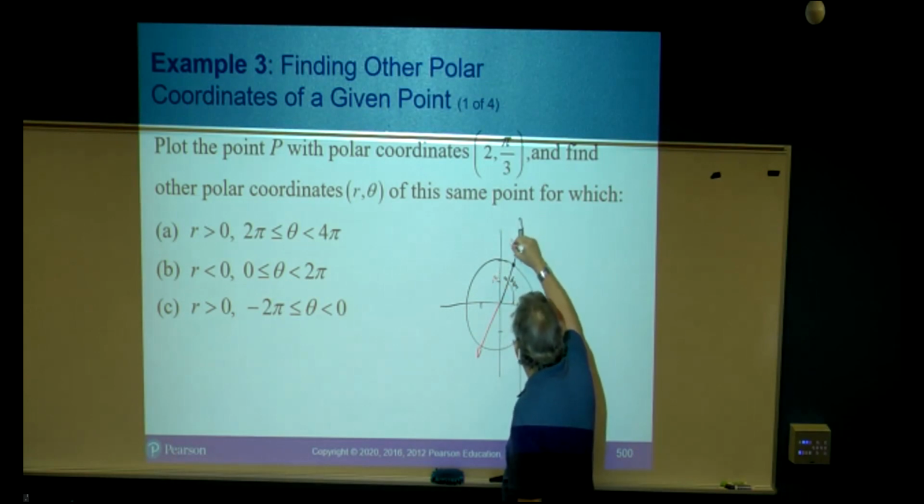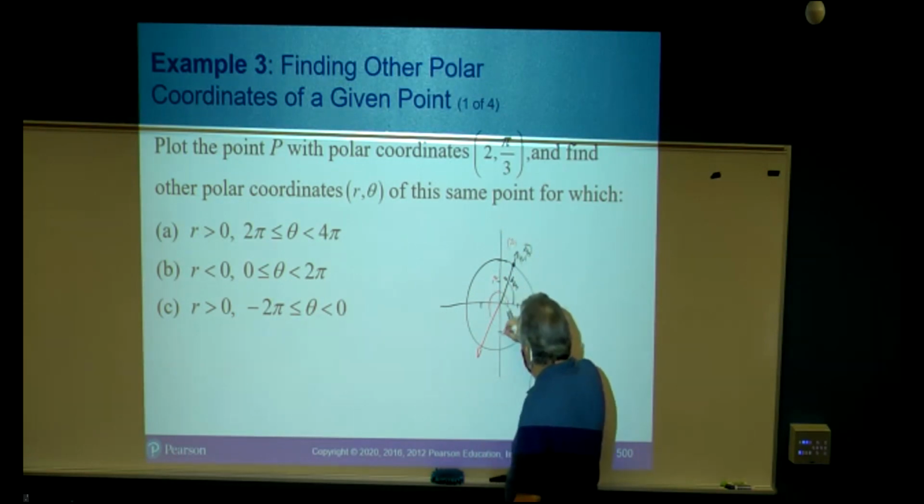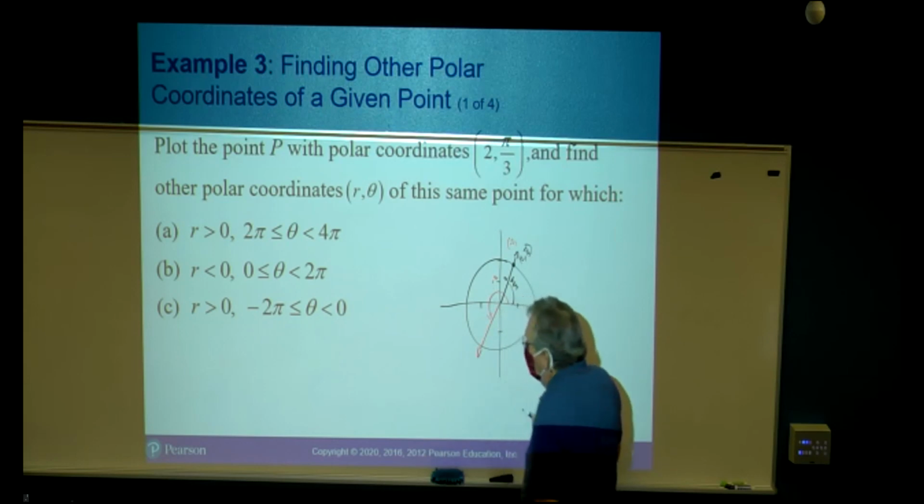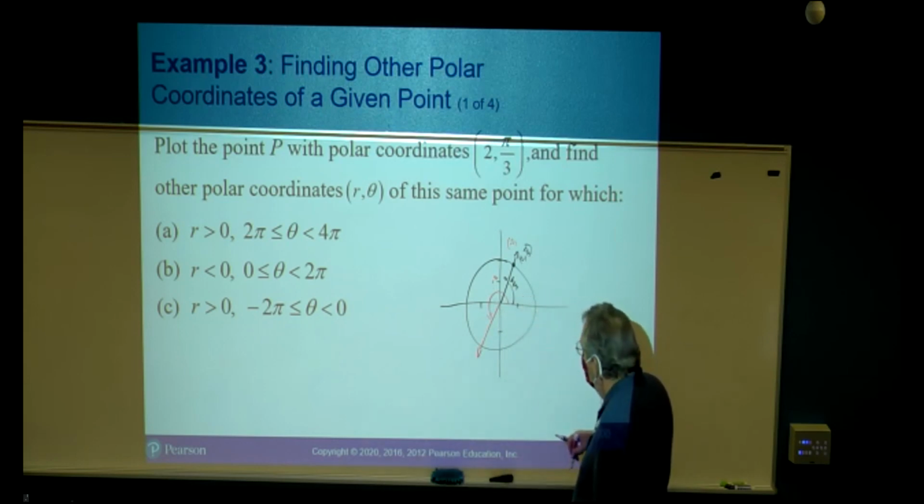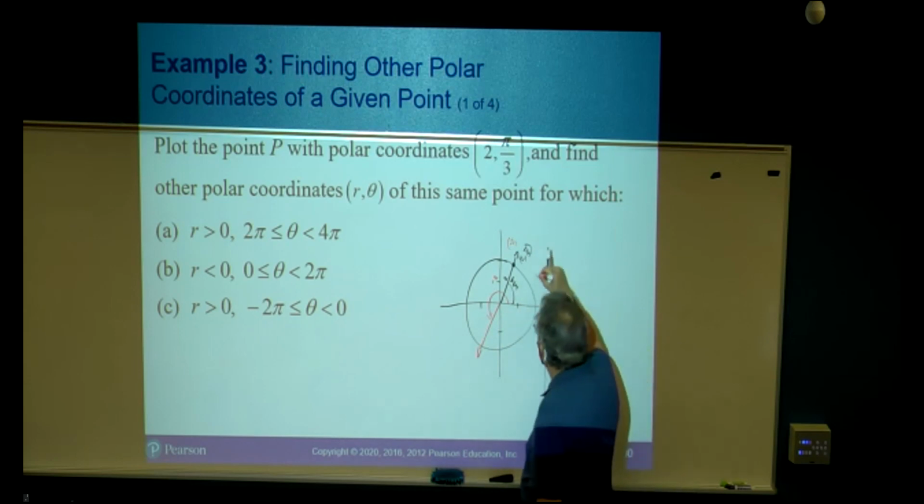So the point will be -2 with this angle. Okay, and that angle is, if I add pi to pi over 3, that's going to be 4 pi over 3, because this angle here is 4 pi thirds.